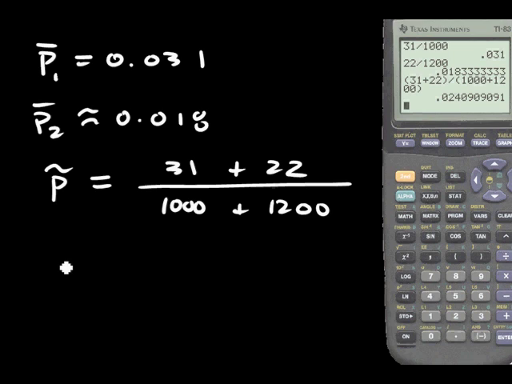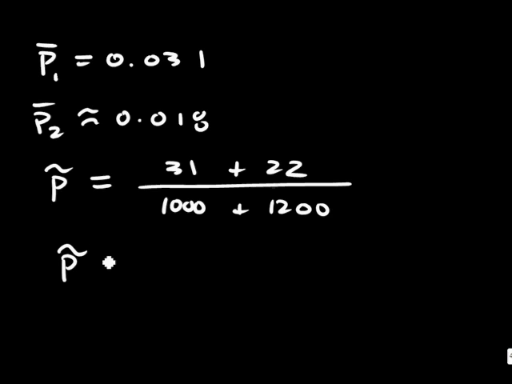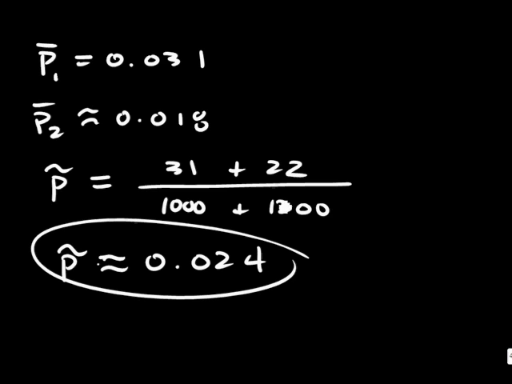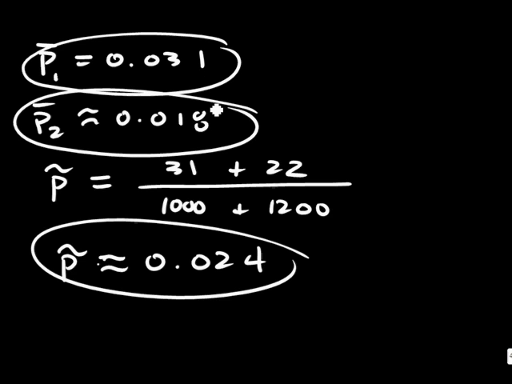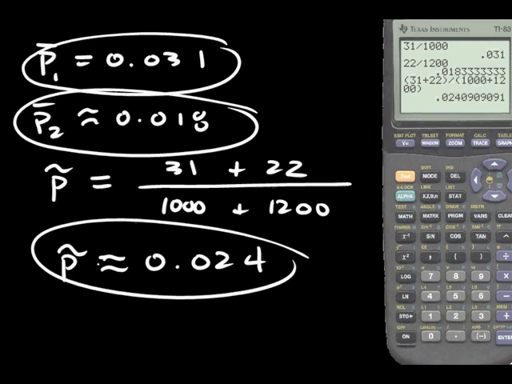Now notice we need the complement of 0.024 because we're going to use this in our test statistic value, and it's 0.976. So let's notate this. The complement of the pooled proportion is 0.976. We're going to use all this information.